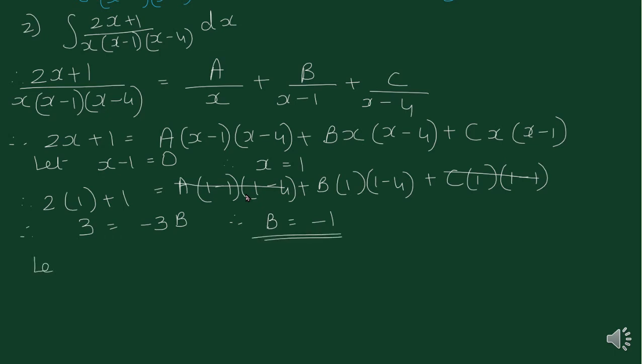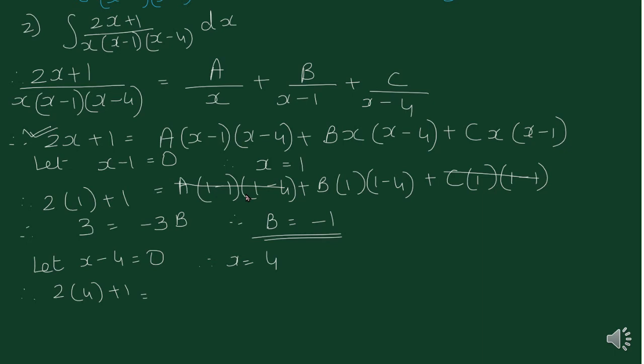Then we put the next bracket as 0, say x minus 4 is equal to 0. And therefore x is equal to 4. In this case, wherever x is there we put 4. So we get 2 into 4 plus 1 is equal to, now wherever the x minus 4 terms are there, it becomes 4 minus 4 and so it will become 0. So the a term will get cancelled. Similarly, the b term also will get cancelled.